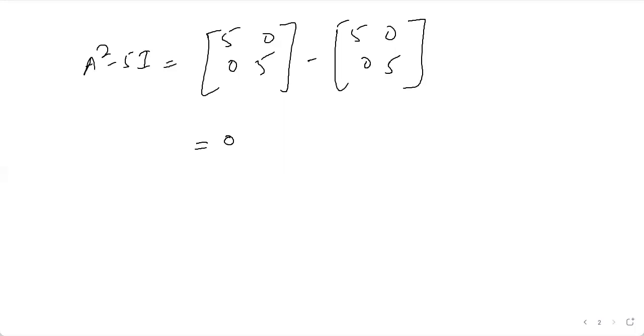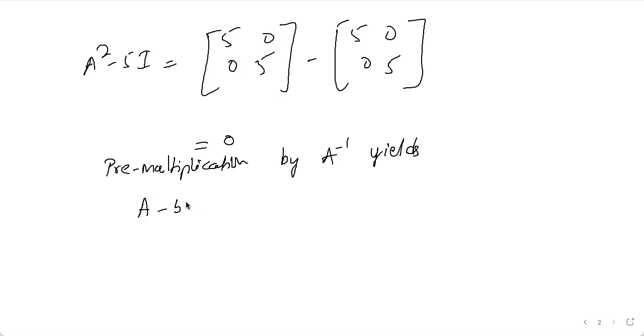Now let us find the A inverse. Pre-multiplication by A inverse yields A minus 5 A inverse, which is equal to 0.